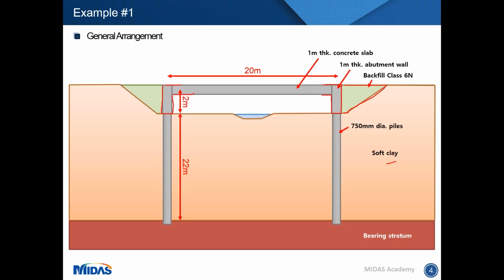If I go back to our example, we can see that the top part of the abutment wall is in contact with a granular soil, so we'll have ratcheting effects in this area here. However, the piles are embedded in a clay material, a cohesive material, and according to the PD 6694, we can neglect the ratcheting effects.